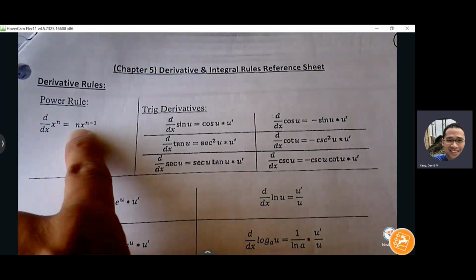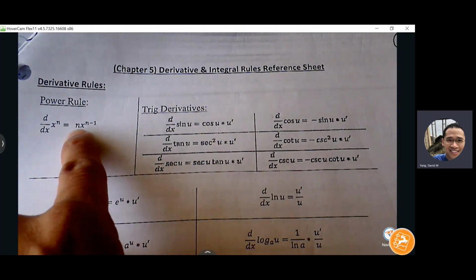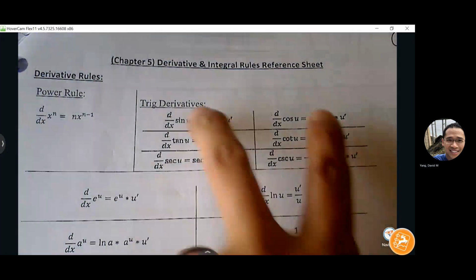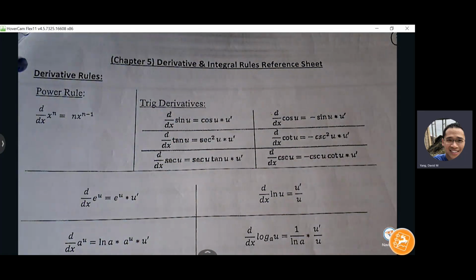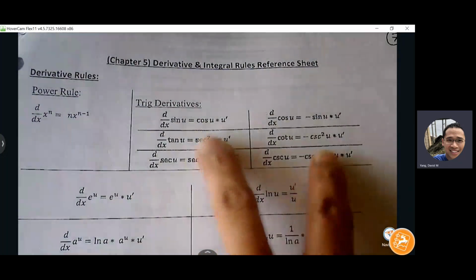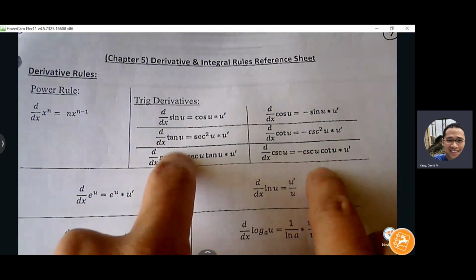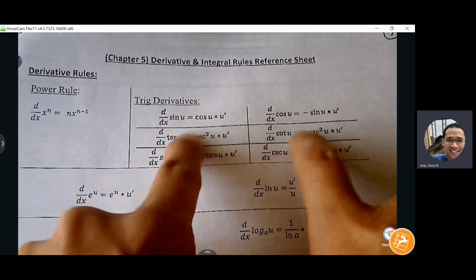First semester, the first thing we learned was the derivative power rule. And then we learned the 6 trig derivative rules, where we lined up our 2 columns: sine, tangent, secant, cosine, cotangent, cosecant. We know that these are very important also because this is how we get to our trig integrals, right?